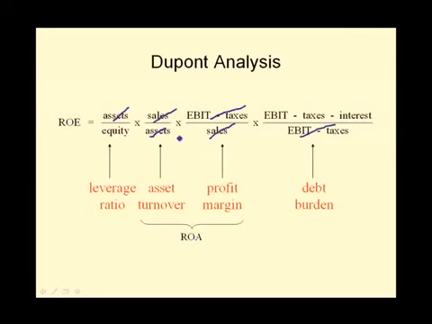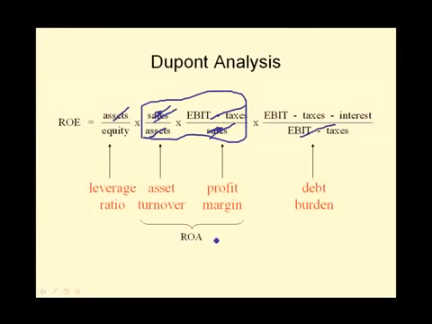You can see that by looking up here to the component ratios of return on assets, these two, and you can see that if we just crossed out the sales in the numerator and sales in the denominator here, what we're left with is earnings before interest and taxes minus taxes divided by assets.